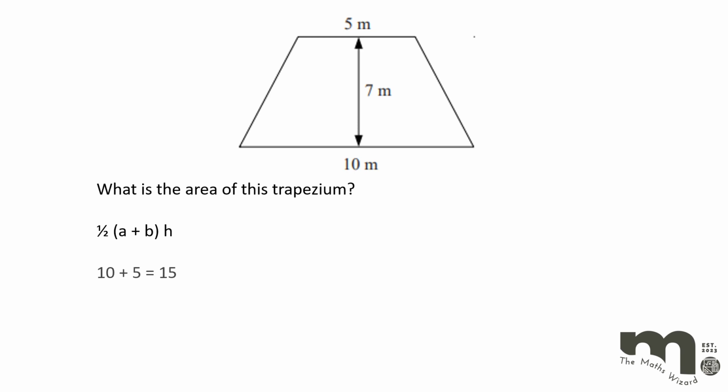So if we do our brackets, we've got 10 add 5, so that's our a plus b. Remember, the a plus b is always referring to the top and the bottom of the trapezium, so that gives you 15. If we do the 15 times the 7, which is the perpendicular height of this trapezium, that will give you 105. And then if you half that, you will get 52.5 centimeters squared.